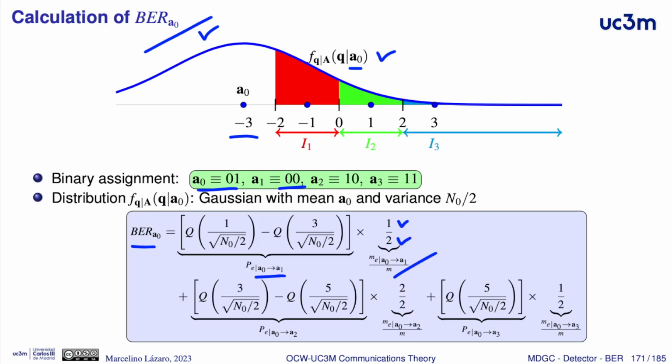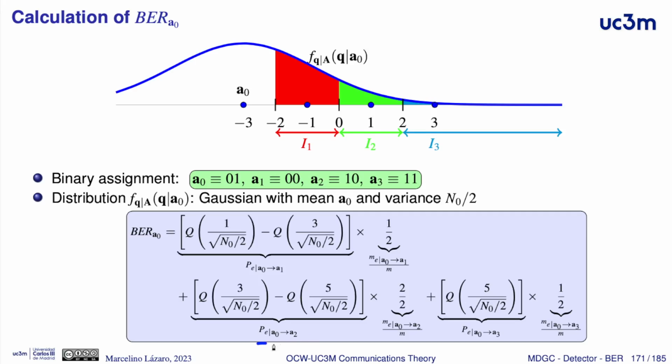This is important because clearly in the figure the probability of error corresponds to the red area, and this is the biggest probability of error with respect to any other symbol, higher than the probability of deciding A2 and higher than the probability of deciding A3, in green and cyan respectively in the figure.